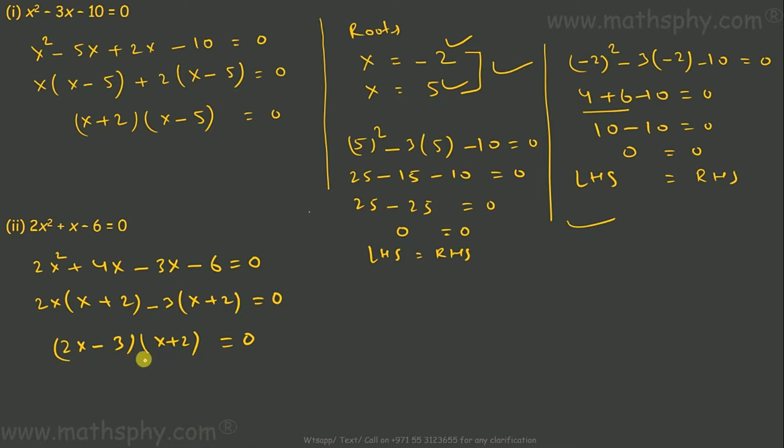So you have to find out roots. I can write it this way: 2x minus 3 equals 0, 2x equals 3, so x would be 3 over 2. And this one here, x plus 2 equals 0, so x would be negative 2. So roots of this equation would be 3 over 2 and negative 2.